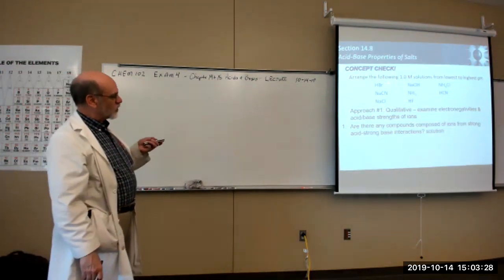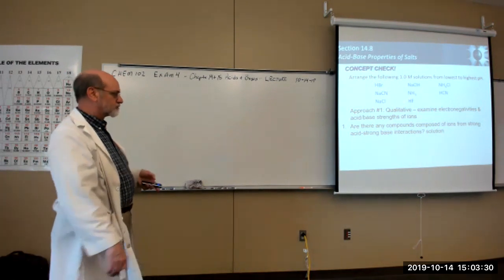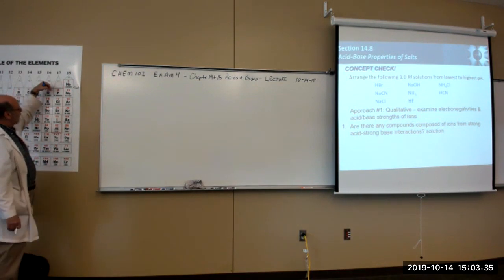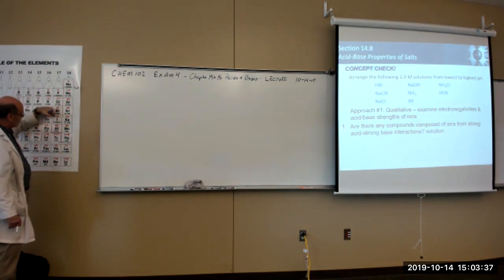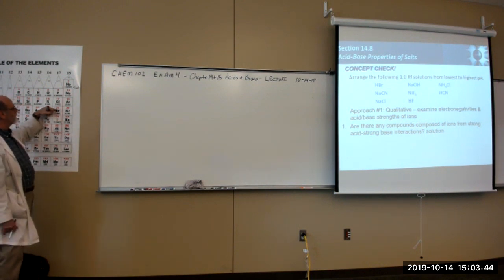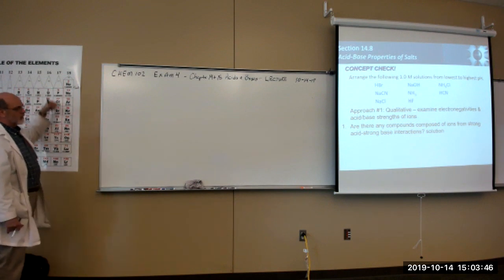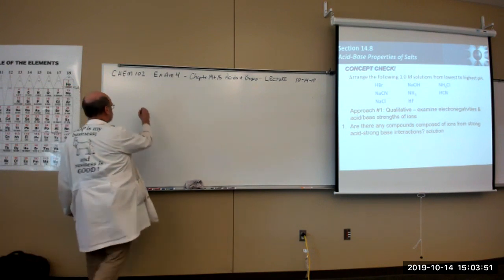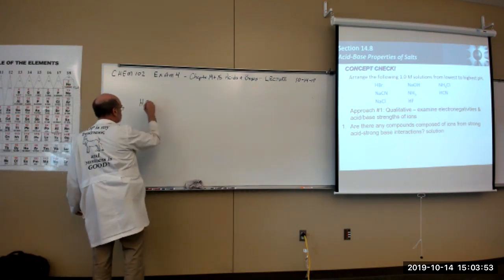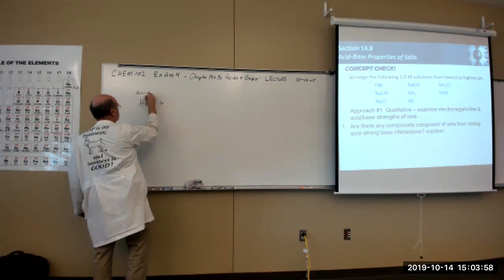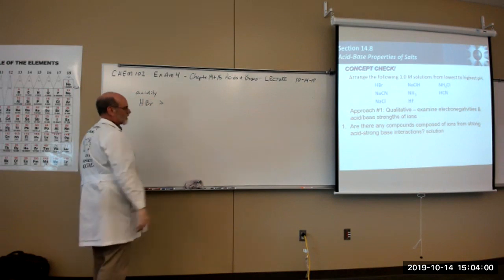But which one is stronger, HBr or HF? Actually, the acids get stronger as you go down. So hydroiodic acid is stronger than hydrobromic, stronger than hydrochloric, stronger than hydrofluoric. So the strongest one in this whole bunch is HBr. So in terms of acidity, that's the strongest.